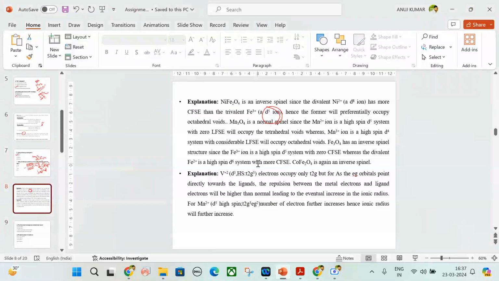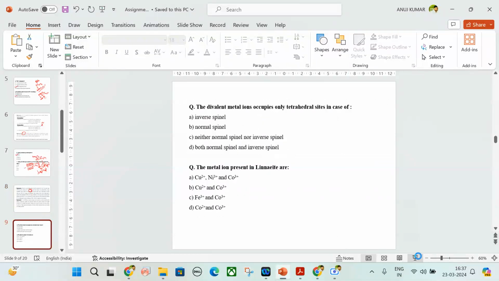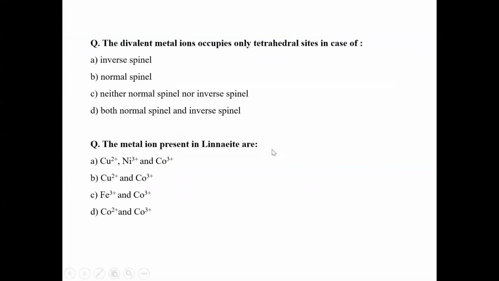Okay, so moving to the next one, that is, the divalent metal ions occupy only tetrahedral sites in case of, okay, so AB2O4, a bivalent cation will occupy tetrahedral sites in case of normal spinel, right?